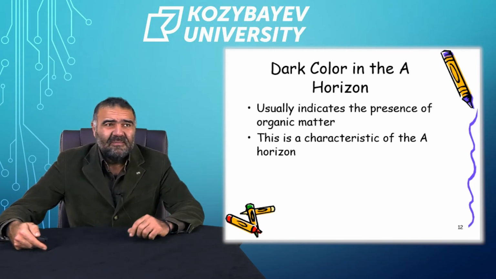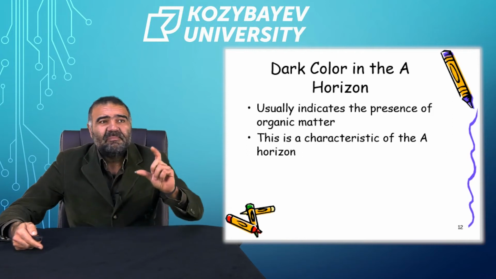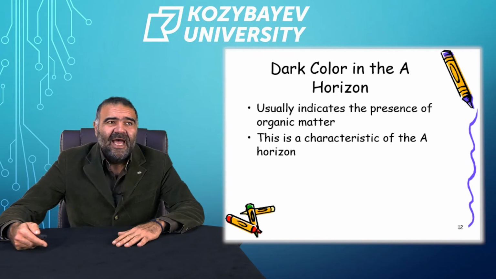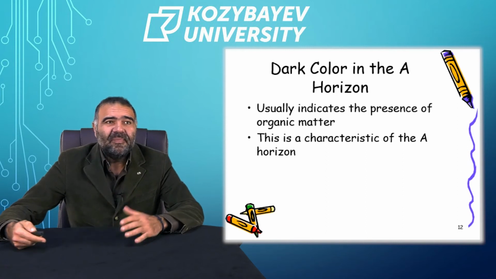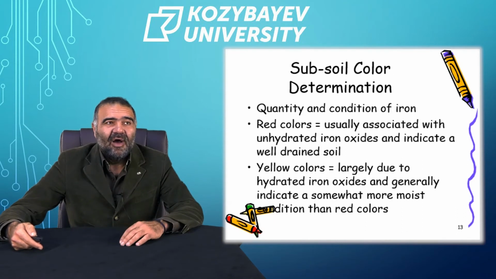We know that usually the dark color in the first horizon, in the soil surface horizon, is usually brown because we have more organic matter in the soil. And that, for example, characterizes what we call the A horizon.